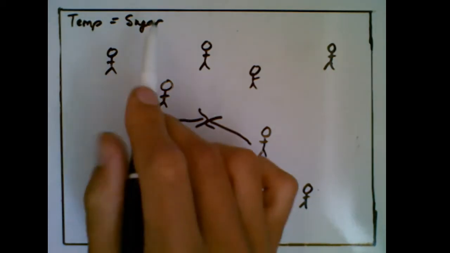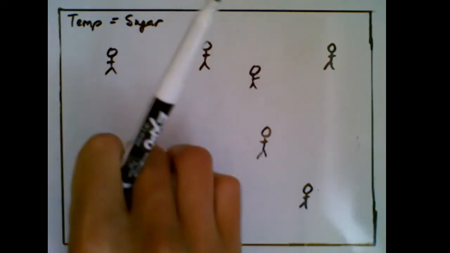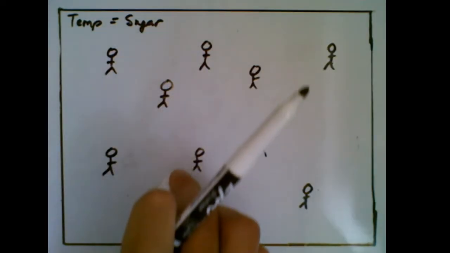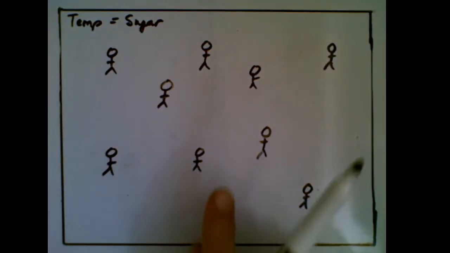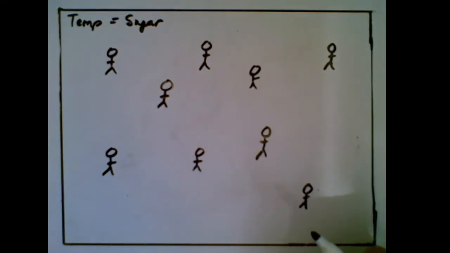This will end up in an increased number of collisions and an increased rate of reaction. So increasing temperature speeds things up, causes more reactions to take place because it causes more collisions and it causes more energy in those collisions.